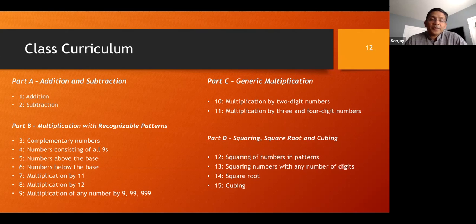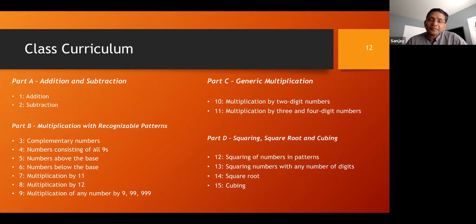We have some specific lessons for multiplications that have all 9s. Numbers above the base, we just saw an example. We do below the base as well, and a combination of below and above the base, right? We have some very special ways of doing multiplication by 11, 12, any numbers with combinations of 9s, 2-digit multiplications, 3 digits, and 4-digit multiplication. So 80% of this class is all about getting really good at the basics of multiplying numbers.